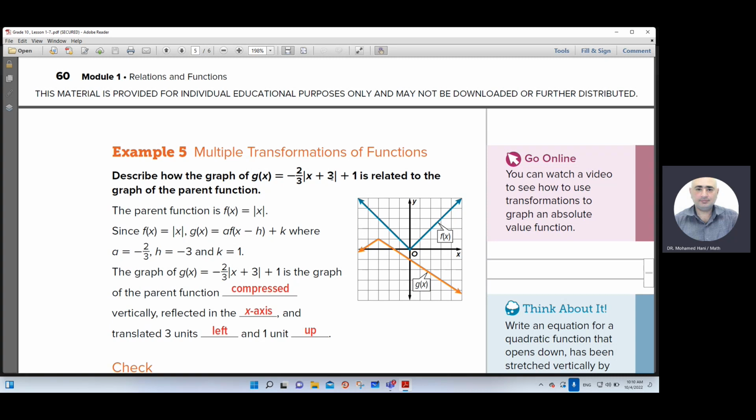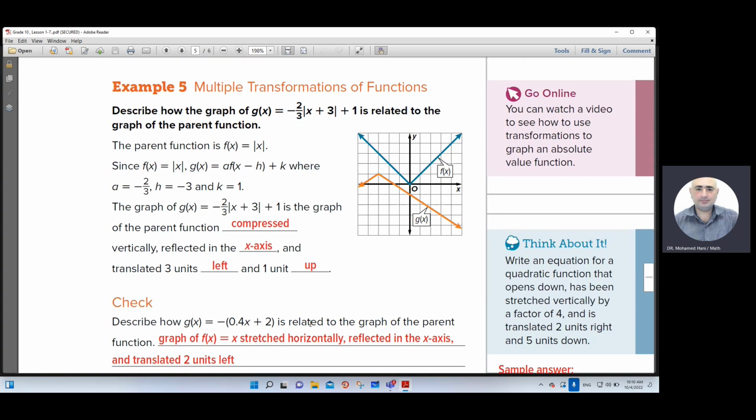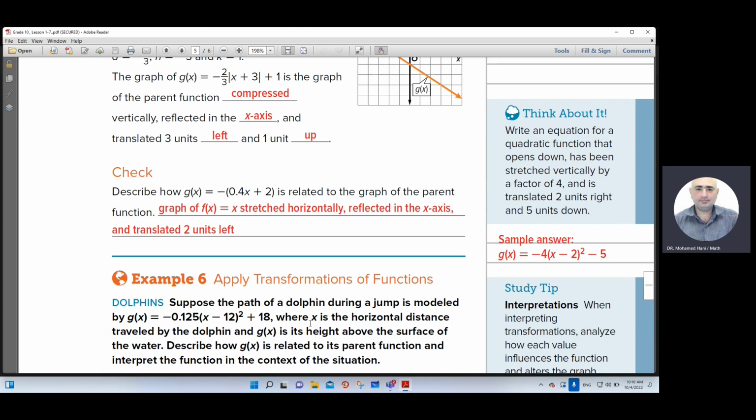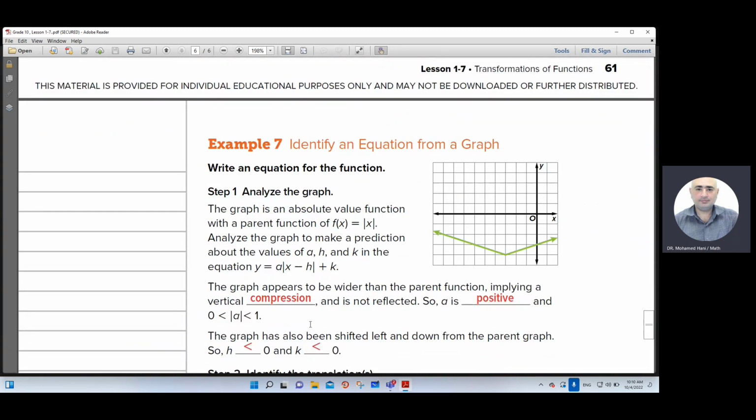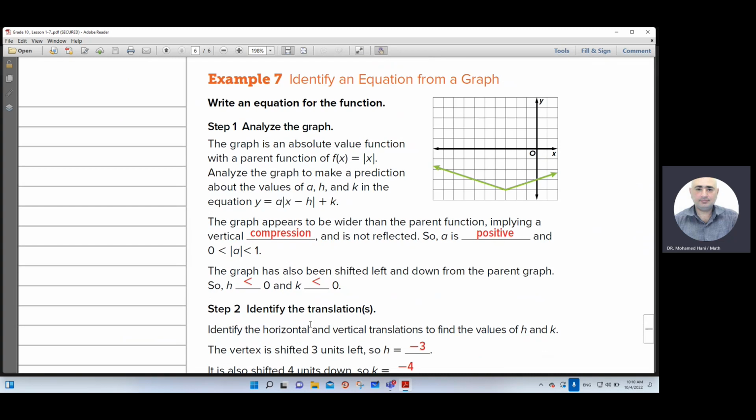When the value of h is negative, the translation is to the left, three units. And here k is positive, and when k is positive the translation is up 1 unit. Okay. Right, now we want to see some examples about the same ideas.